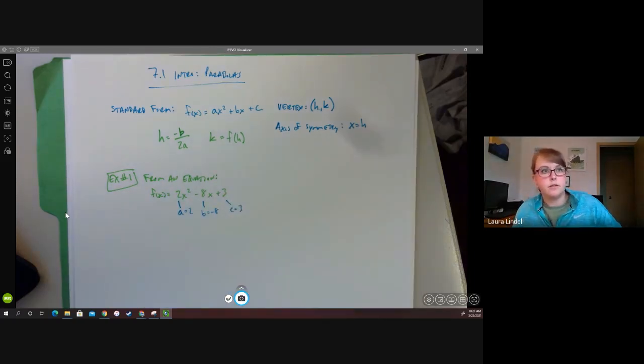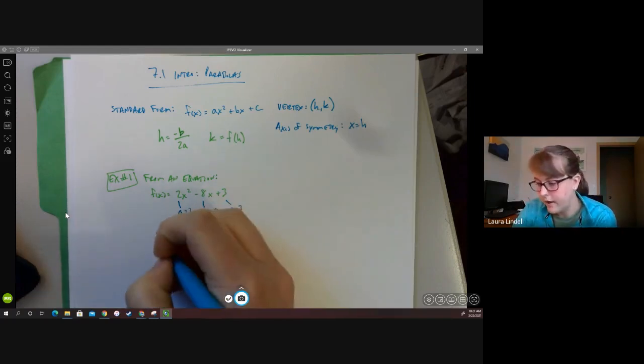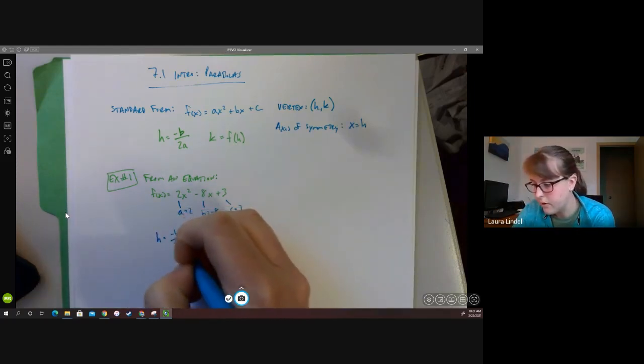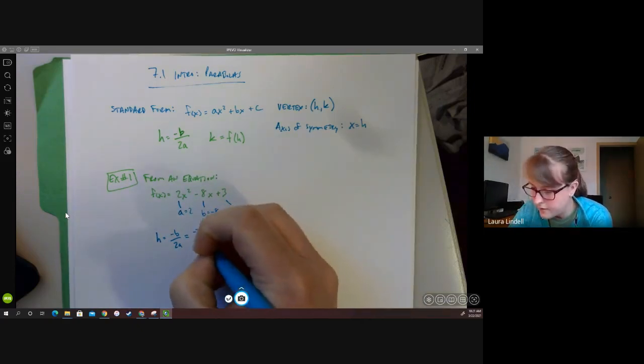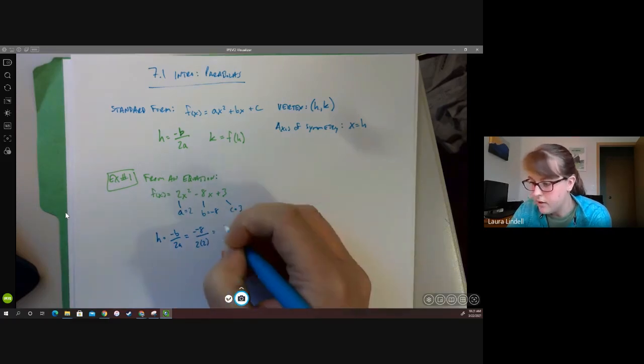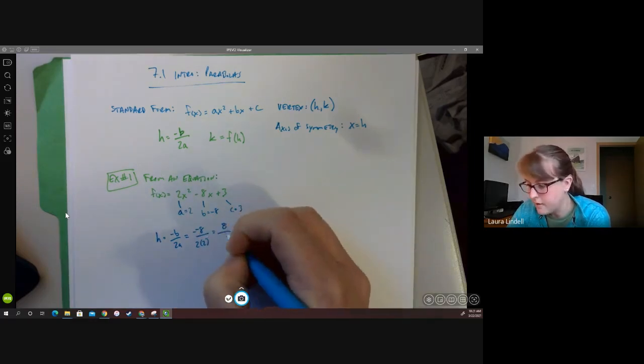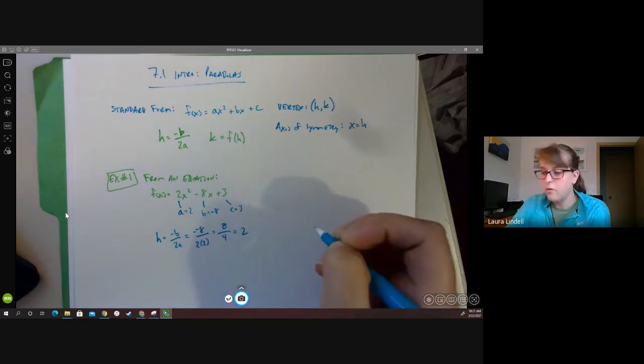So from there, we just go and plug things in to finding h, negative b over 2a. Well, negative b would be negative 8. 2a would be 2 times 2. So this would really be 8 over 4, which is 2.